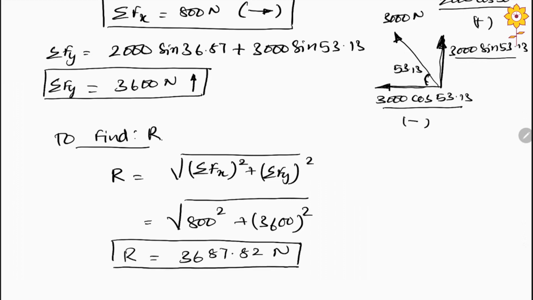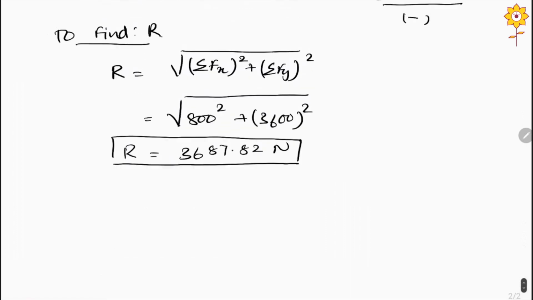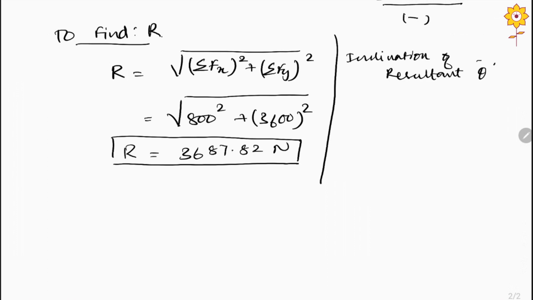Now we have to find out the theta as well, that is the direction. So theta will be equal to the inclination of the resultant. Theta will be equal to tan inverse of, the formula is summation of f of y divided by summation of f of x.